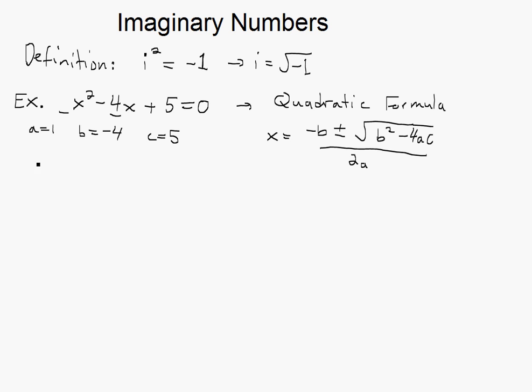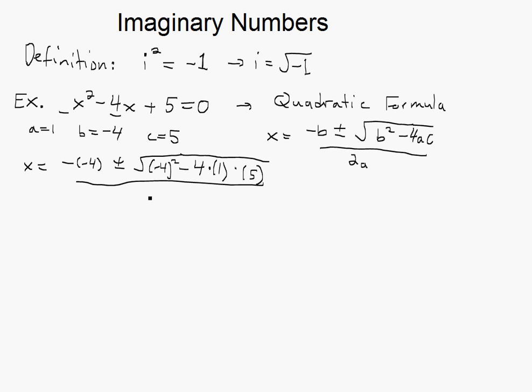So if we plug it in, we get x equals -(-4), which is b, plus or minus the square root of (-4) squared minus 4 times a, which is 1, times c, which is 5, all divided by 2 times 1.